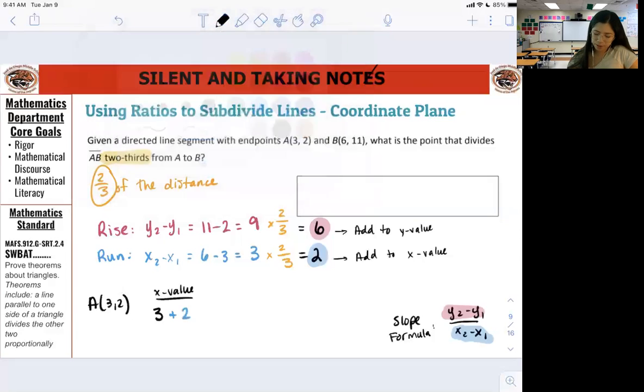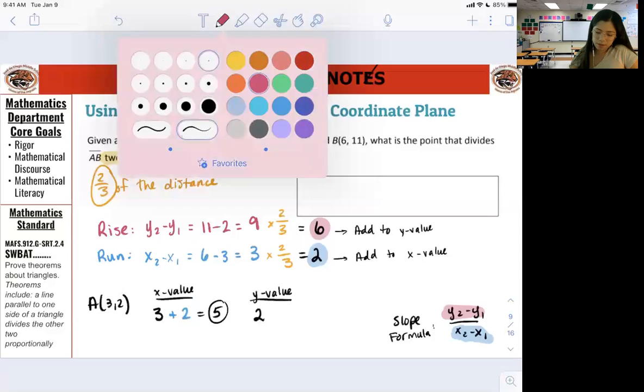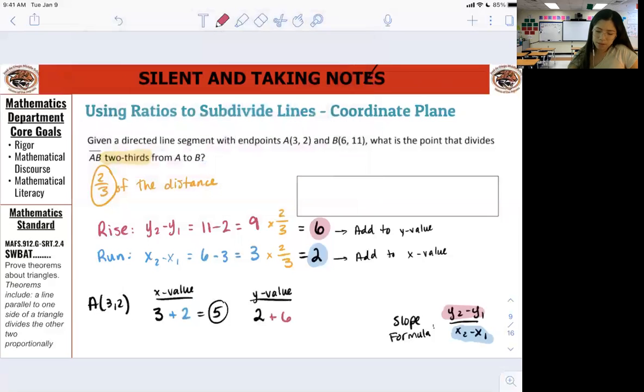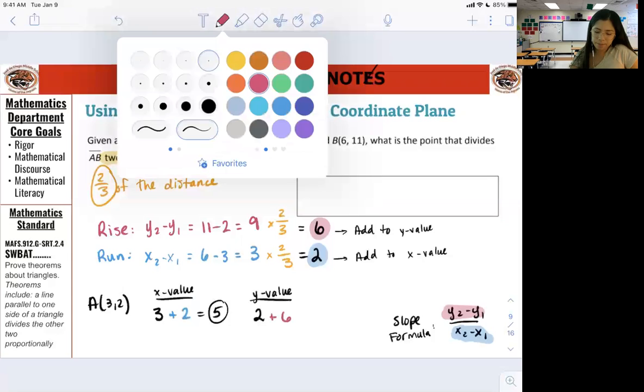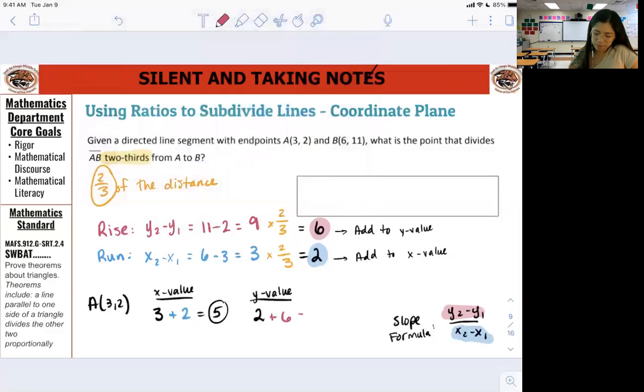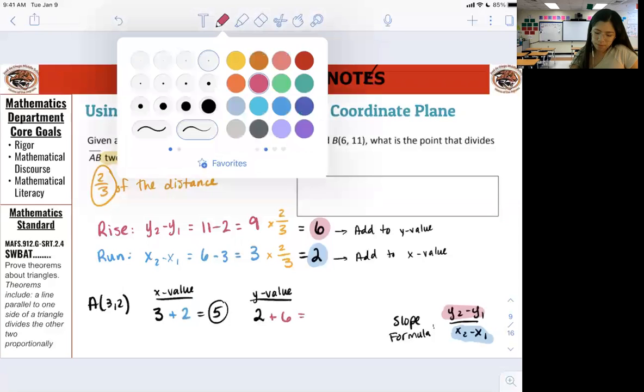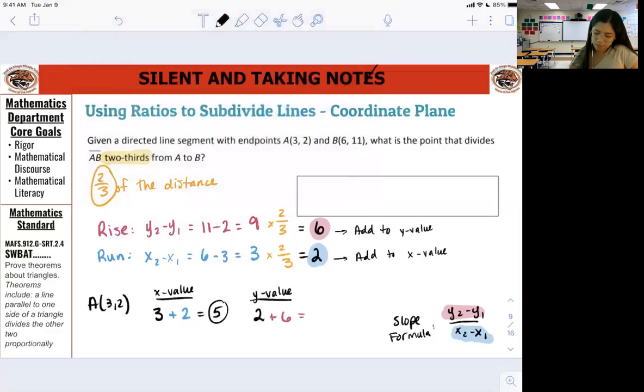So my new x value is 5. And then for the y value, it's going to be 2 plus 6. So I get 8. So point P, or whatever point we decide to call it, is located at 5, 8.